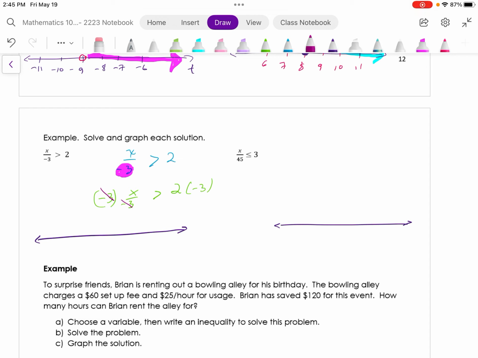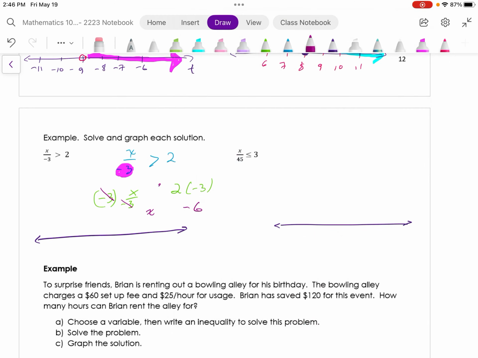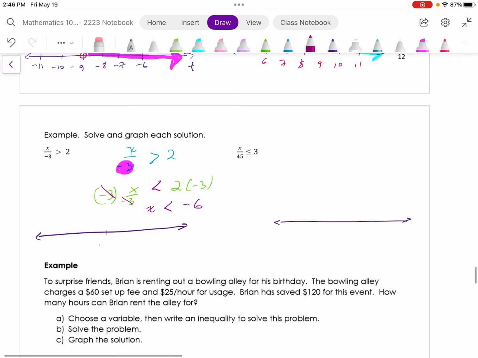On the left-hand side, the factors of negative 3 cancel out, so I'm left with x, and on this side, negative 6. But since I multiplied by a negative number, the sign of my inequality must change.